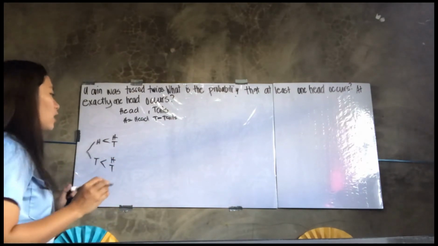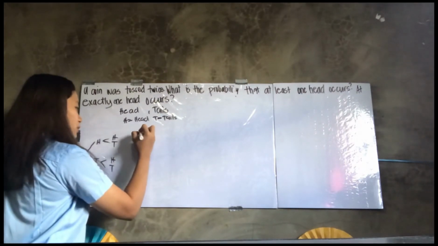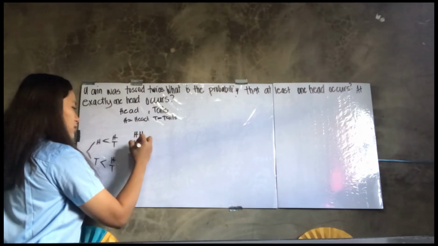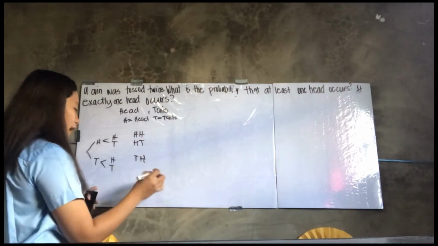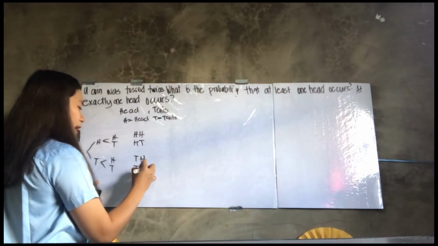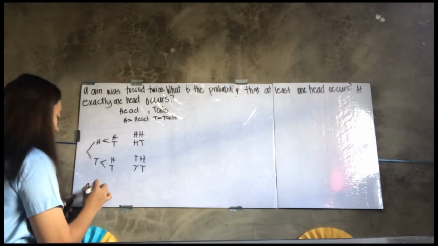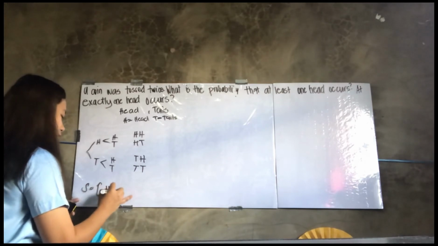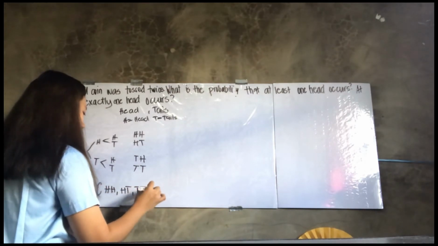So our sample spaces now are HH or head head, HT or head tail, TH or tail head, and TT or tail tail. So, our sample spaces are HH, HT, TH, and TT.